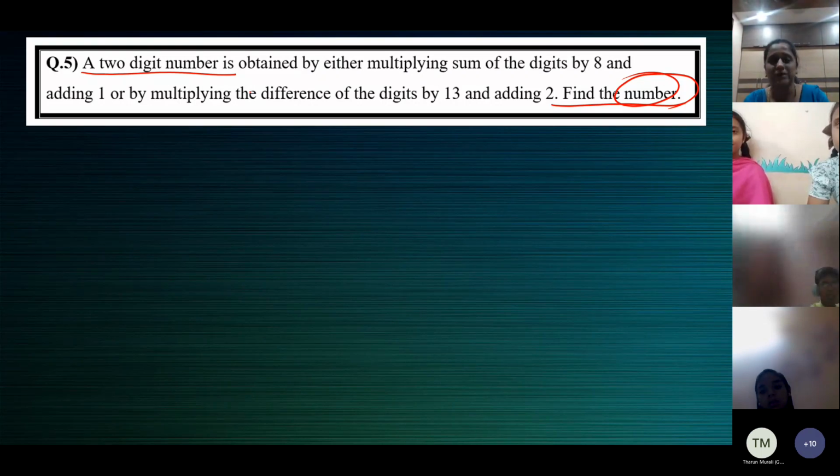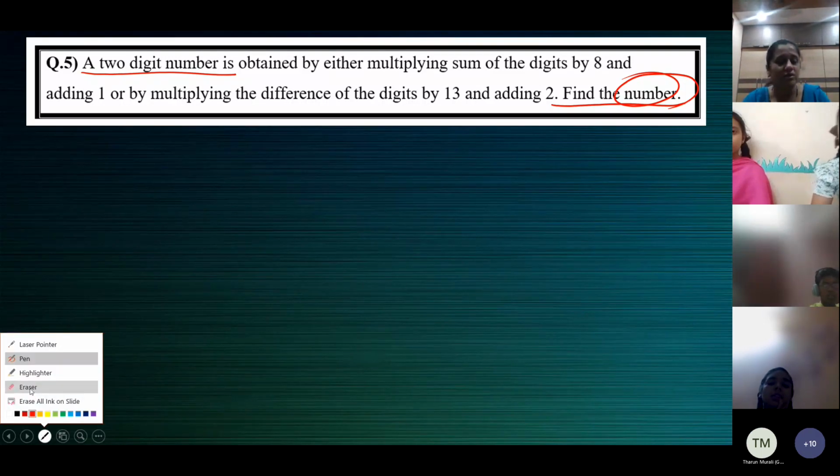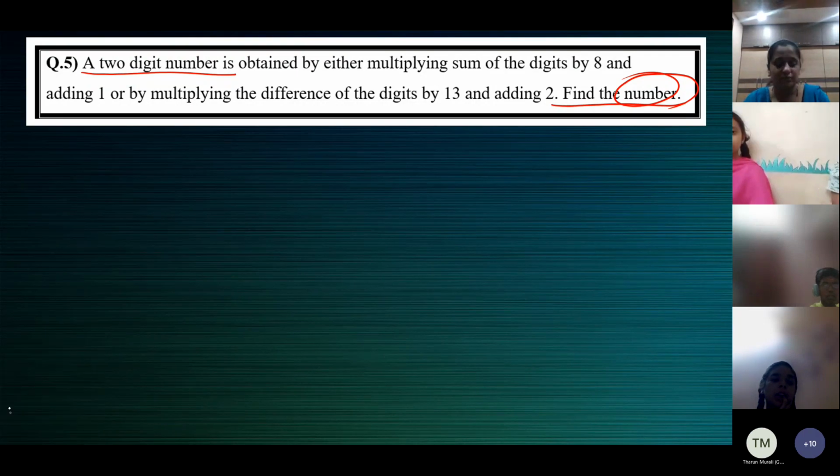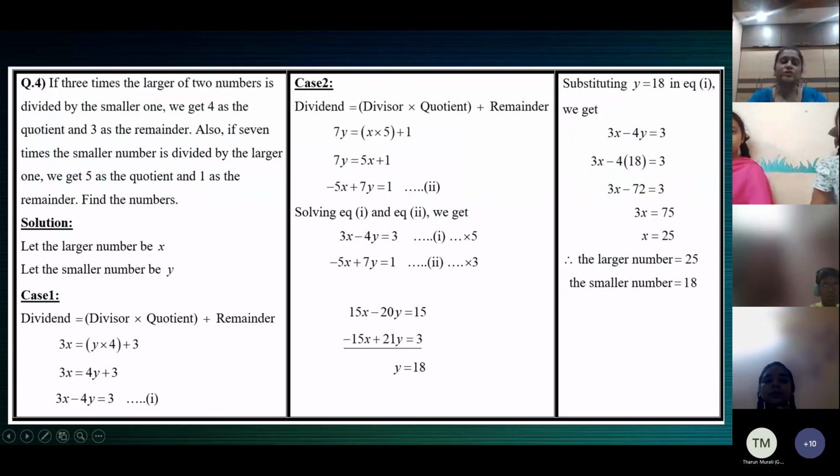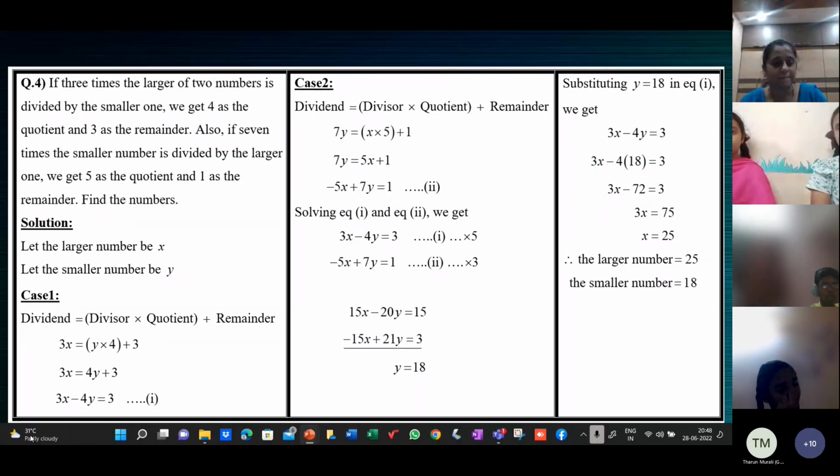The digit in the units place, the digit in the tens place. Now here, you cannot say, let the tens digit be greater or let the units digit be greater.